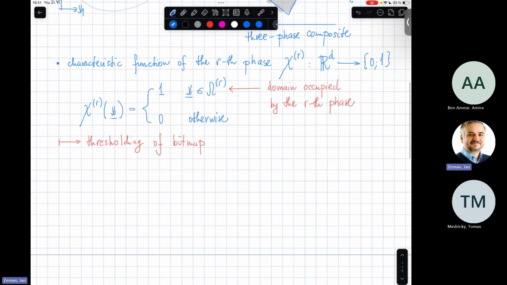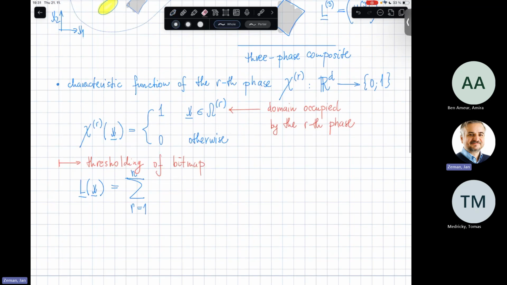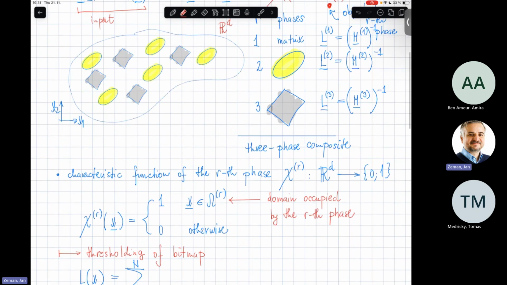But the whole reason why I'm writing that down is that now I have my function L of x expressed in this way, so I will just perform the sum from r equal to 1 to N, where actually this N should have been capital, and this N is just the number of phases.